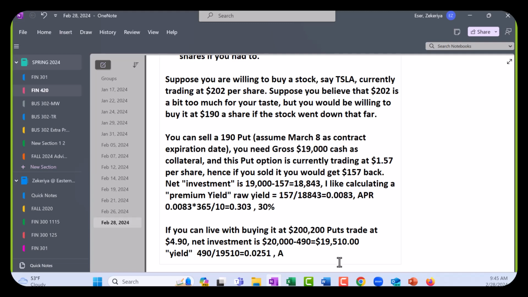Or the APR is, right, I'm going to multiply it with 36,500 to get a percent number directly. So your APR yield is 90%.